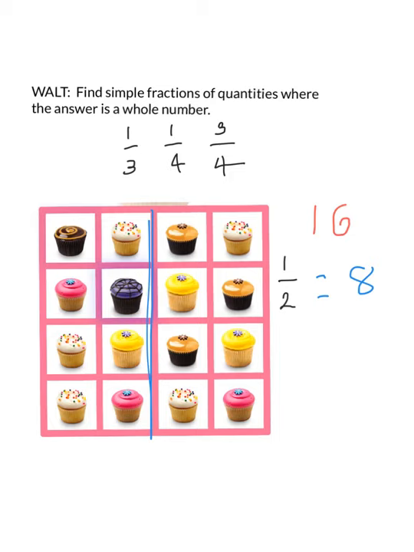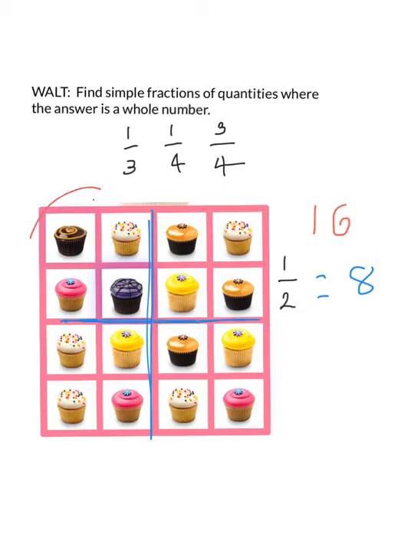Perfect. Now, same again here. I'm going to ask you to find 1/4 of 16. The quantity we're using is still 16 cupcakes, and to find 1/4 we're splitting it up into 4 equal parts. I've done a half, and I'm just going to split up again now. So you can see I've got 4 equal groups.